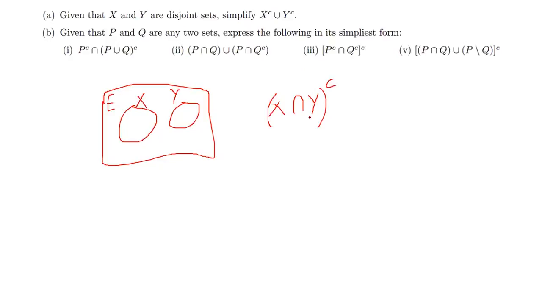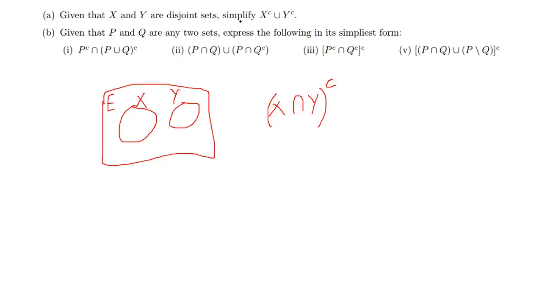Some of you might be asking why we changed the sign in the middle. You should go back to your notes on De Morgan's laws. Whenever you are distributing the complement or factoring out the complement, you have to change the sign in the middle.